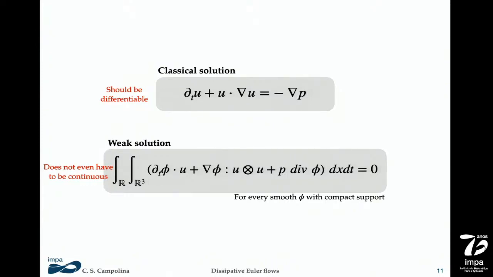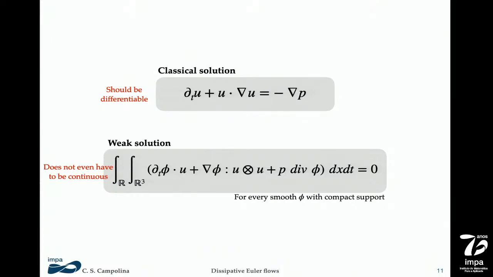But in the second equation, we can see that all derivatives are on the test function, which is smooth, and there are no derivatives on the fields. So this expression makes sense for functions which are way less regular. They can be, for example, not even continuous. It can be, for example, L infinity, measurable functions.